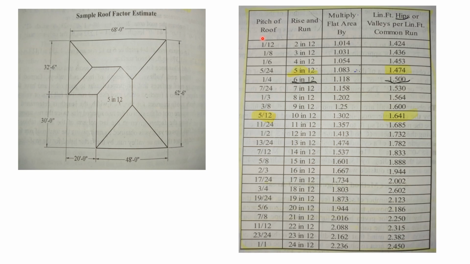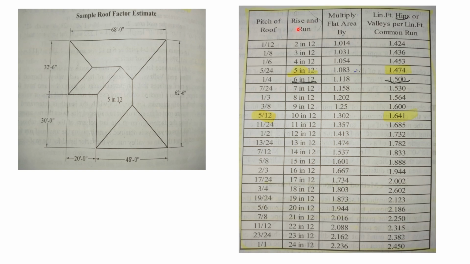Well, when you're talking pitch, you're taking into account the entire expanse of that roof from wall to wall, not just from the ridge to the wall. Rise and run is slope, and that's really just from the ridge to the wall. So be aware of that and try to stay away from this first column, pitch, unless they actually tell you in the question that they're giving you the pitch.